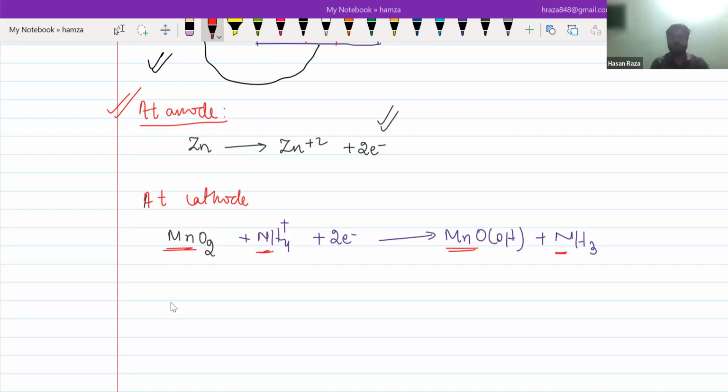Can anyone tell me the oxidation state of manganese on the left hand side?